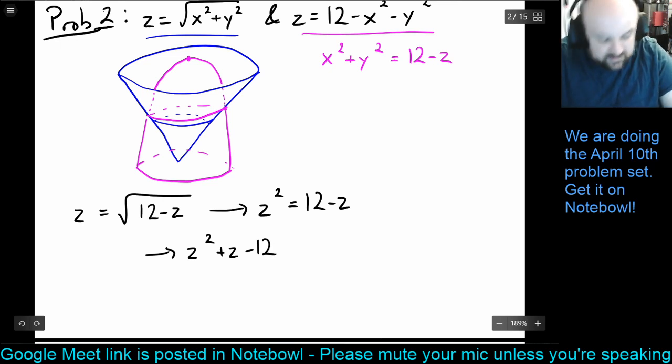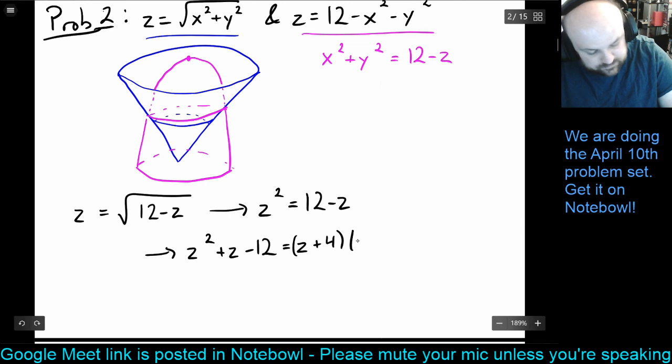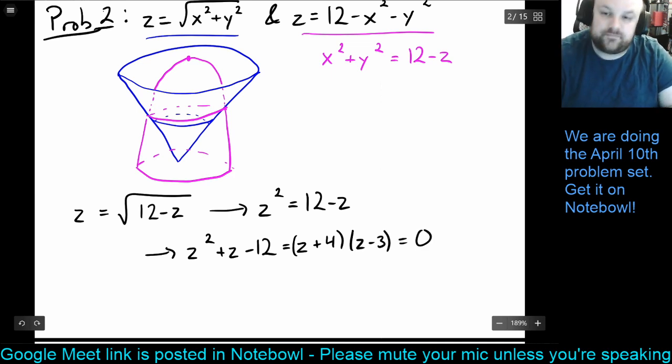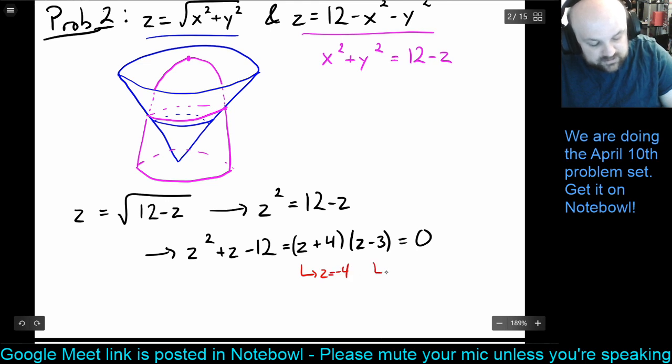And we can factor this as z plus 4, z minus 3. Right. So here, this one says z is negative 4. This one says z is 3.